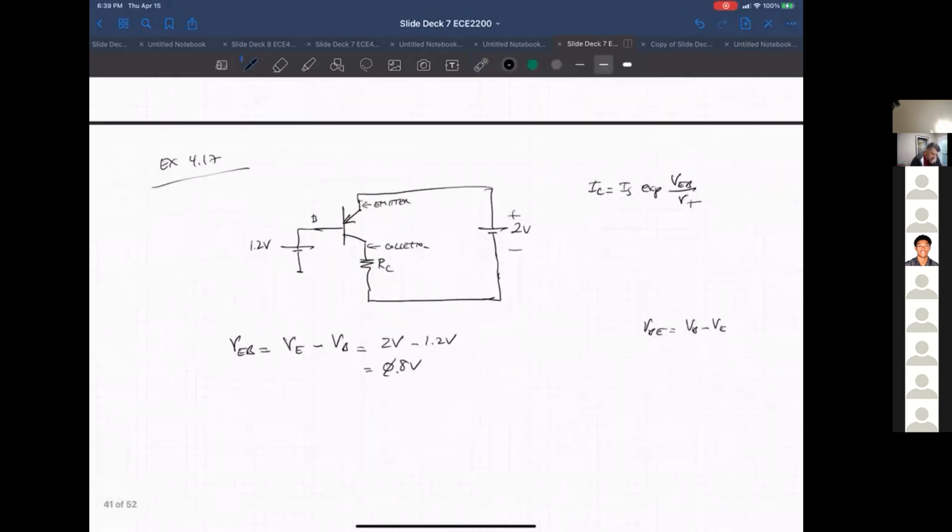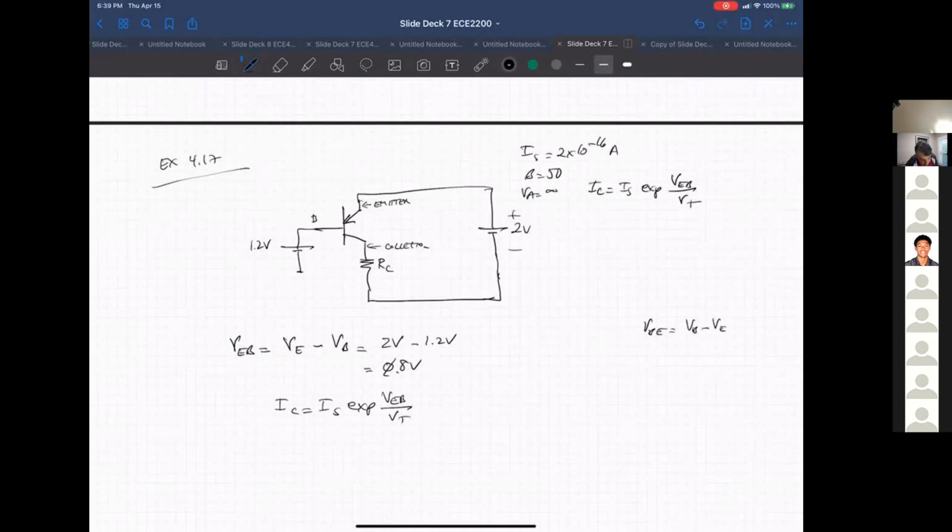Okay, so I sub C is just I sub S times the exponential of VEB over VT. The example gave us I sub S as 2 times 10 to the minus 16, beta as 50, and it's ignoring the early effect.